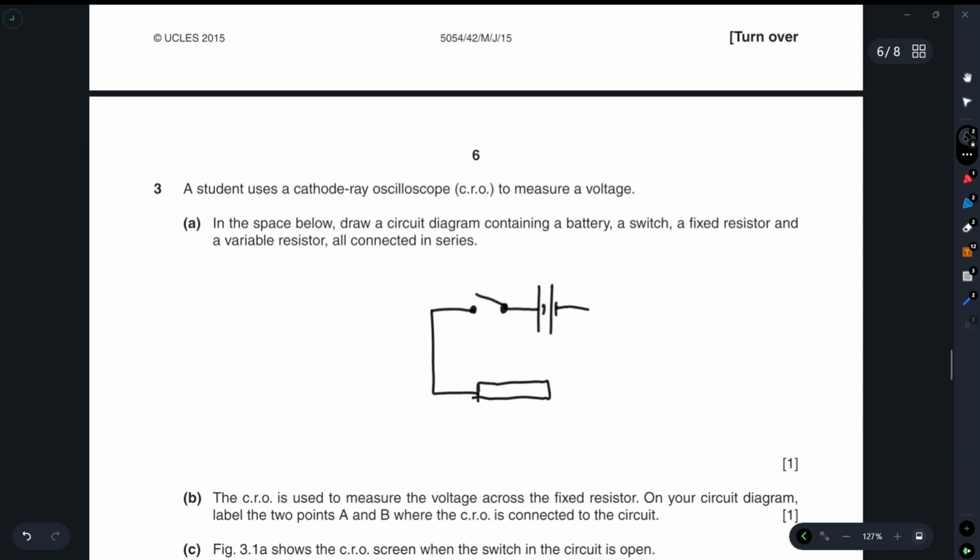So you've got this right here, and then you've got a variable resistor. अब वेरिएबल रजिस्टर जो है, you need to put the symbol. So again you can either go with this, ठीक है, or you can go with this. Either one works just fine. ये कर लेते हैं. ठीक है. So all are in series, so we are good with this one.